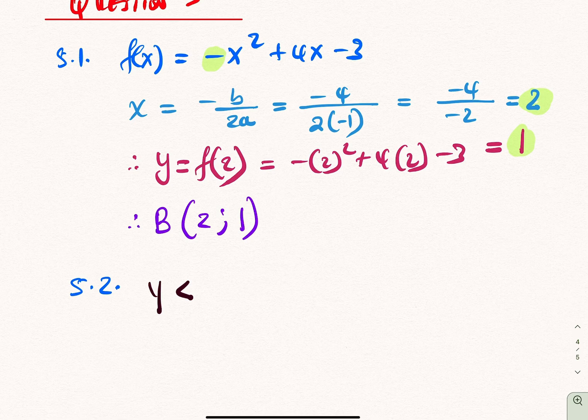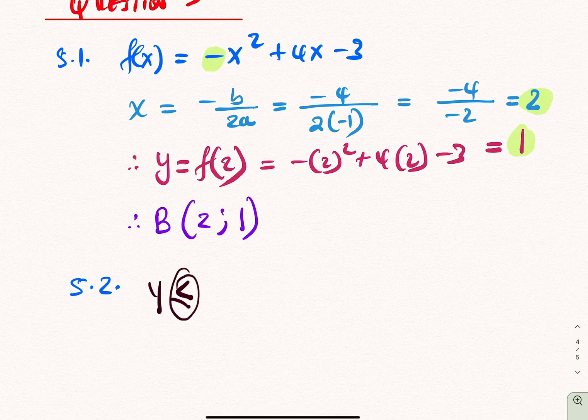But this has to be inclusive, because the graphs of quadratics, they are not like hyperbolas and your exponentials. These ones, they are defined everywhere. So you're going to include that on the basis that f at 2 is defined.